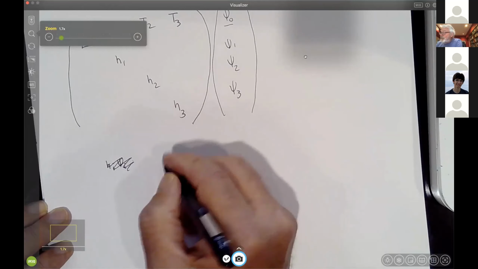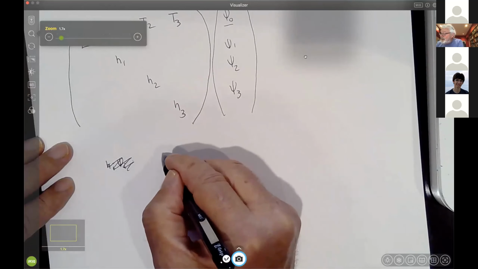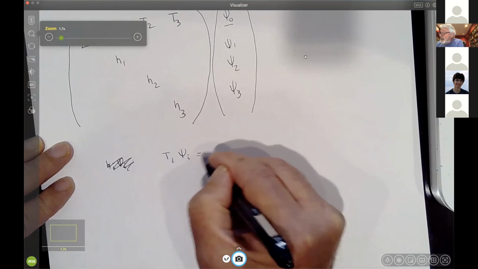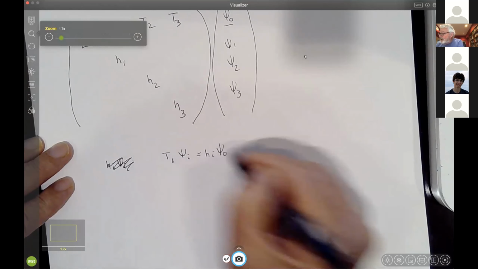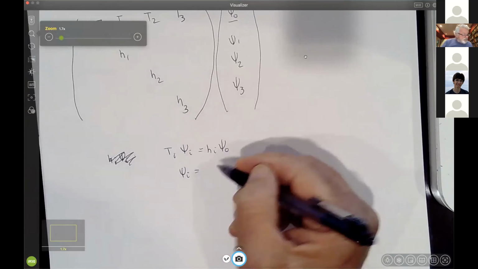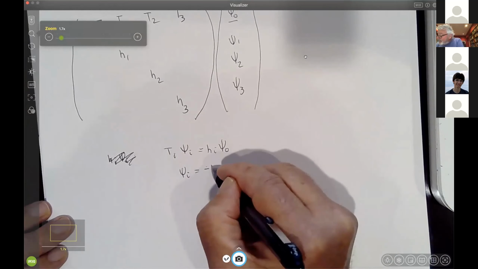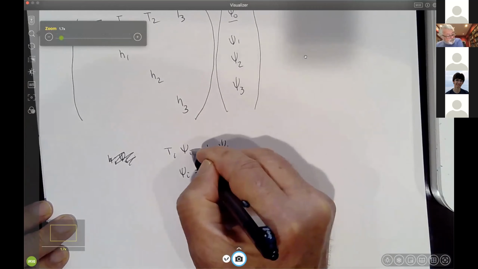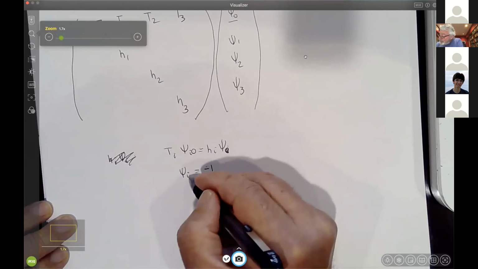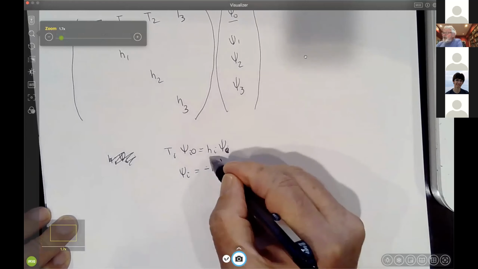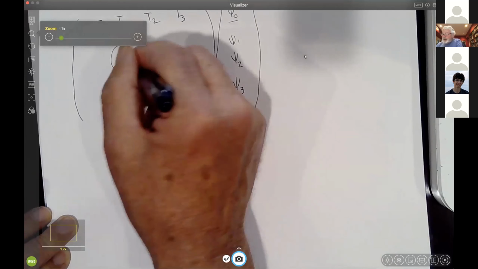But I look at the first component here, Ti on psi I is Hi on psi naught. So the, let me see. Sorry, I did this wrong. Hi here is the Dirac Hamiltonian at the momentum this is coupled to.